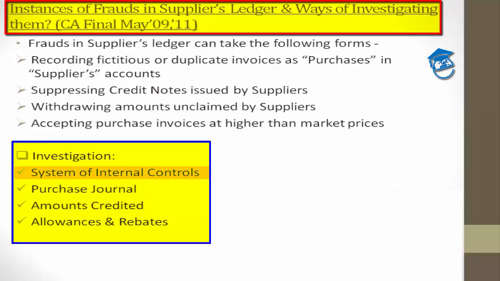Number two is purchase journal. You need to vouch the purchase journal by reference to entries in the goods inward book and the supplier's invoices. Herein you'll get an overall idea about the quantity inserted in the goods inward book and how much quantity is actually available in the supplier invoices.